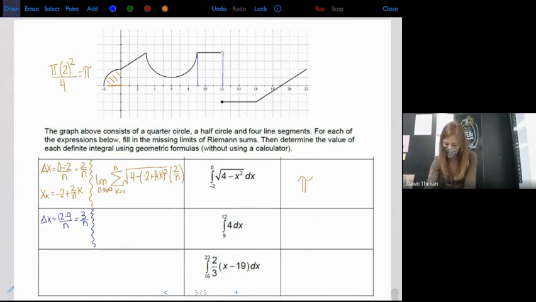So my limit as n goes to infinity from the first to the last rectangle is a height of 4 and a base of 3 over n. And the height of 4 and the base of 3 is what we have to multiply to get our area above the x-axis, so it's positive.